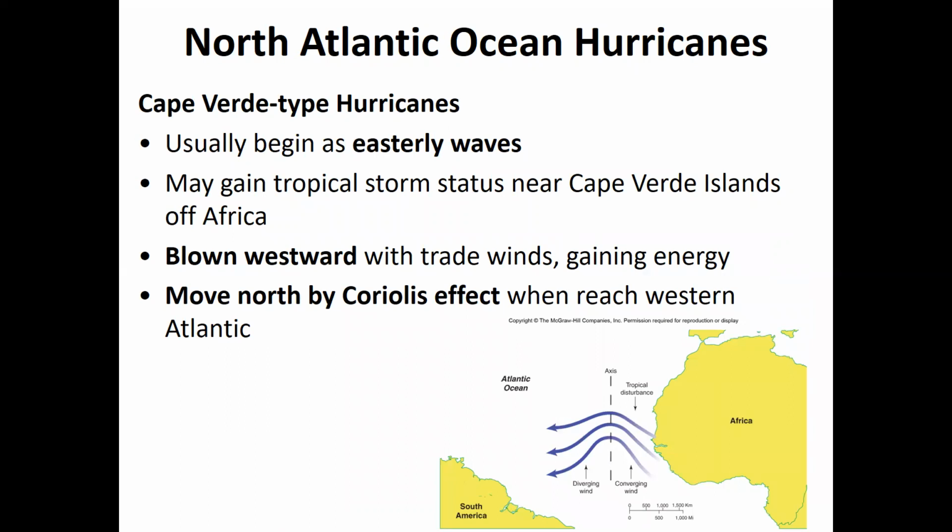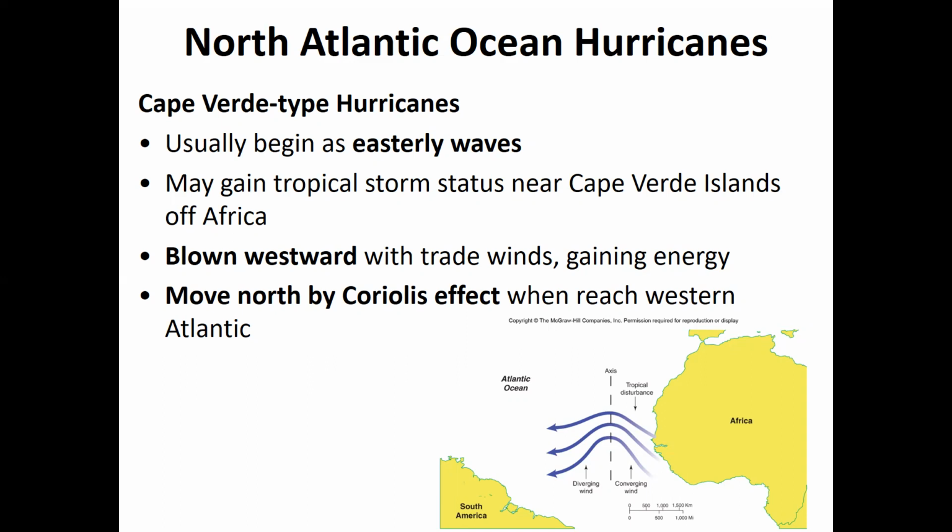So we have different types of hurricanes. One's known as the Cape Verde type hurricane. It usually begins as what's known as an easterly wave, which is a low pressure anomaly that moves across the tropical Atlantic.